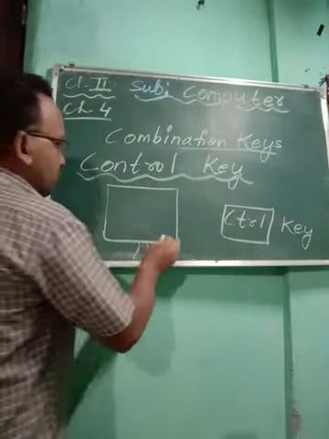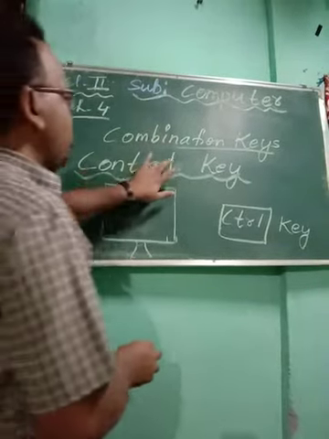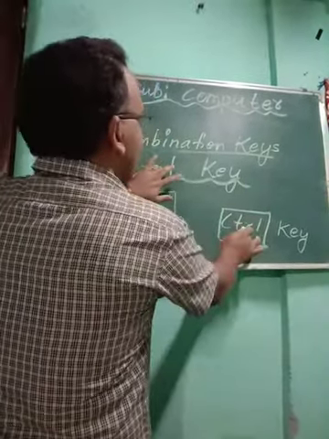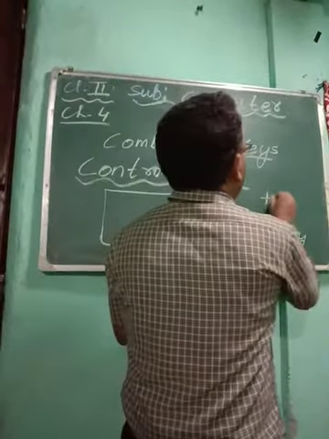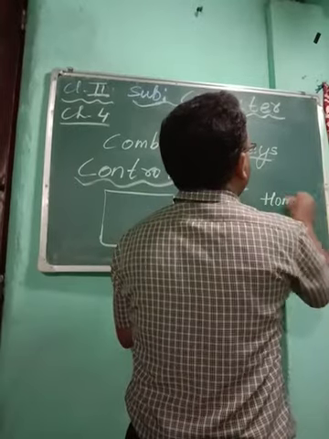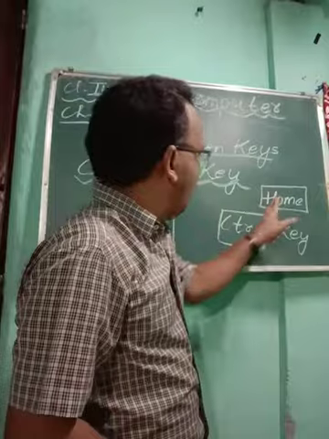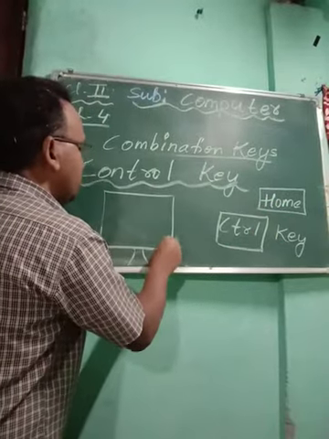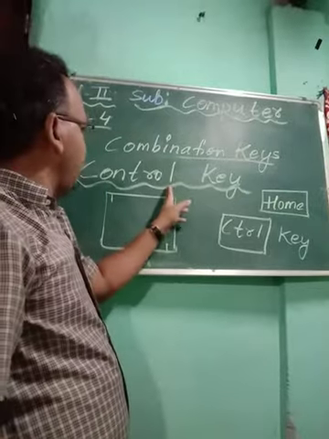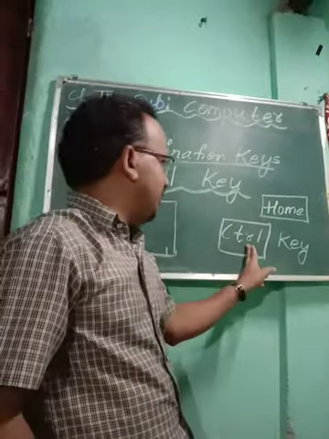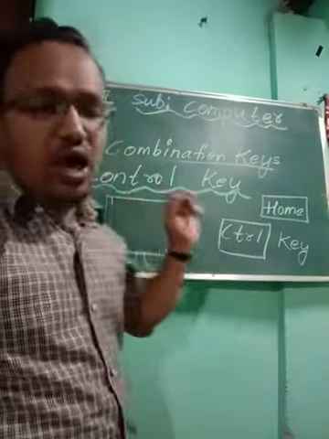Suppose the cursor is here. Now if you press the control key, that is CTRL, and the Home key, the cursor goes from below to the top. So when you press CTRL and Home together, your cursor moves from the bottom to the top.